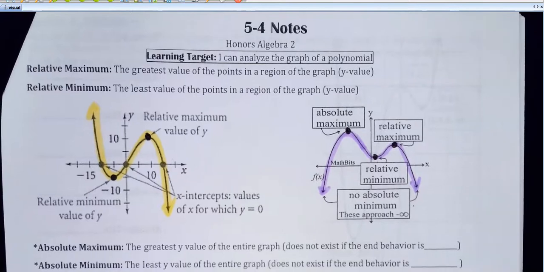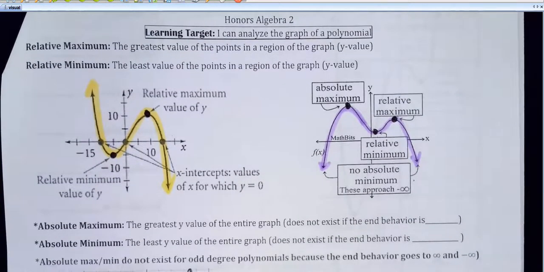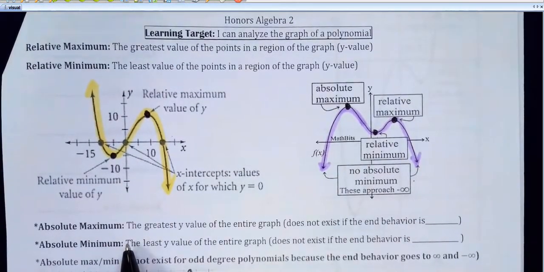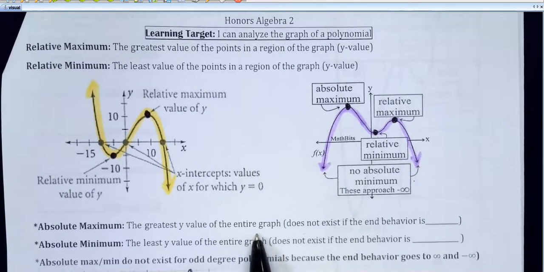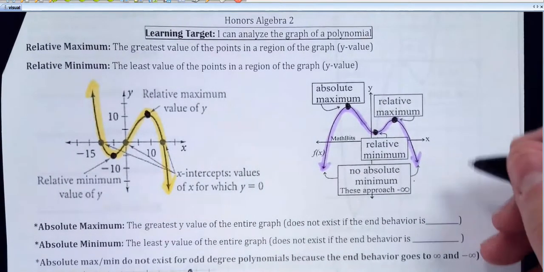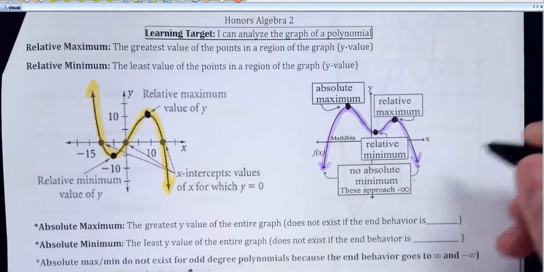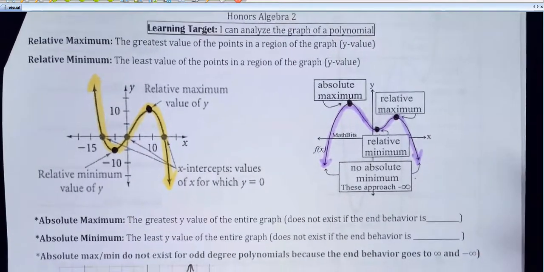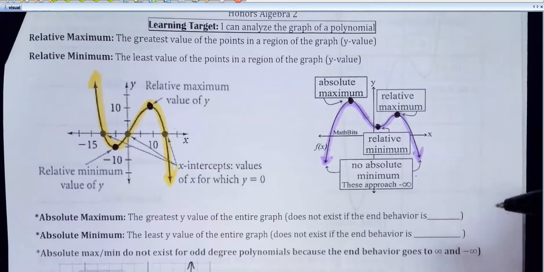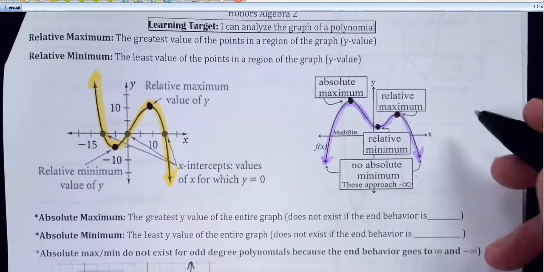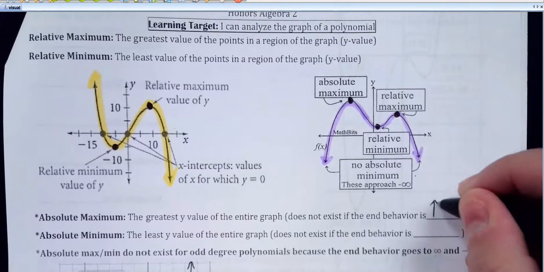But just as a little reminder, an absolute maximum, the greatest y value of the entire graph, does not exist if your end behavior, first of all, it can only exist if it's even. So it's not going to exist if you have an odd function, and it's not going to exist if both ends point up.